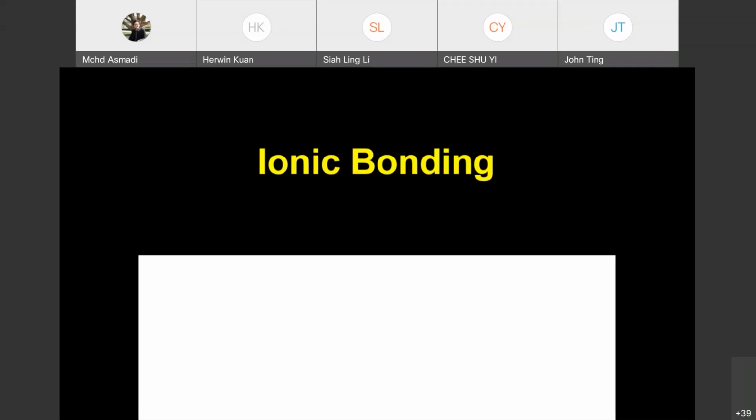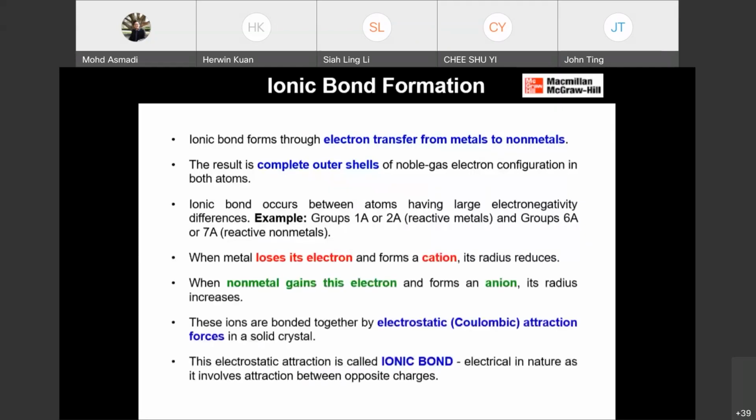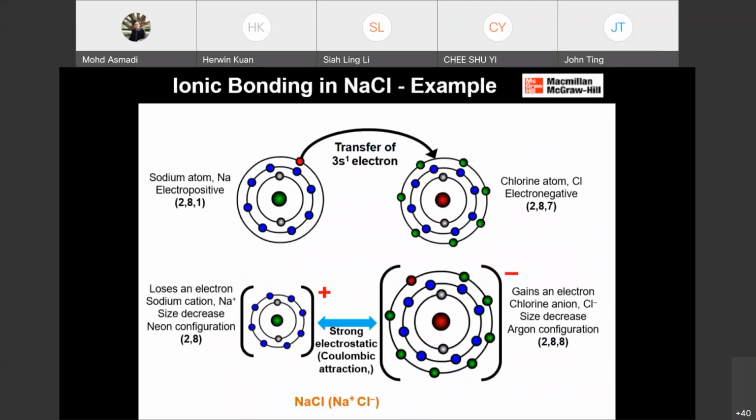When the non-metal accepts or gains the electron, we call it an anion. So the radius for the cation is going to be reduced, while the anion is going to be increased. If you look at here, the electron can transfer, complete outer shells, lose electron, cation, and anion. So they are bonded together by what we call Coulomb attraction force. This is the attraction force to form the ionic bondings.